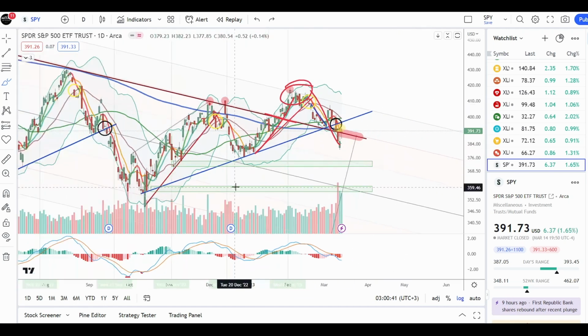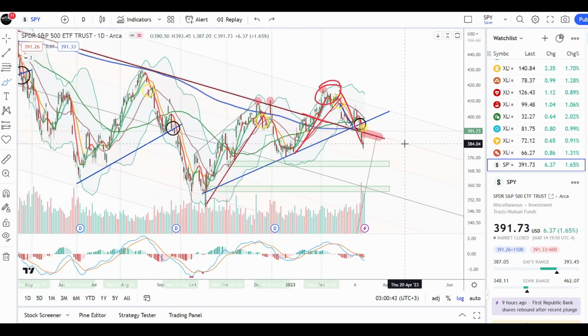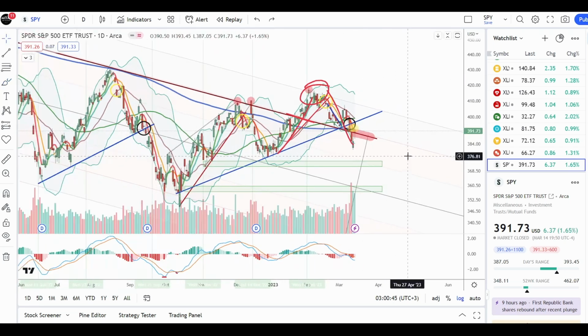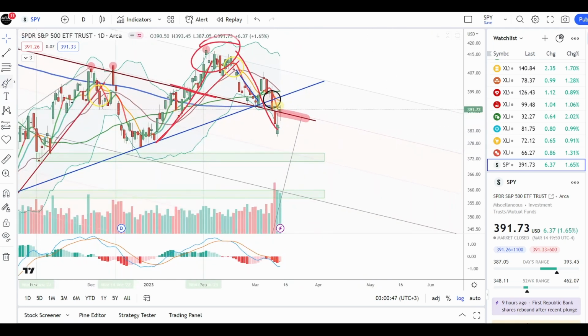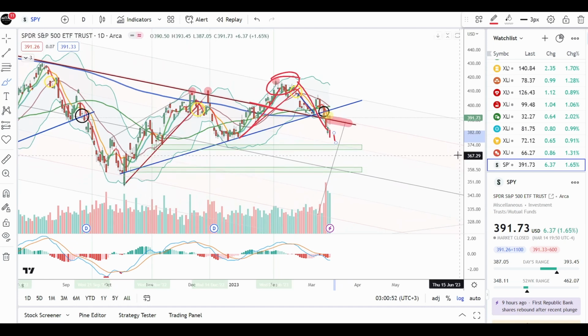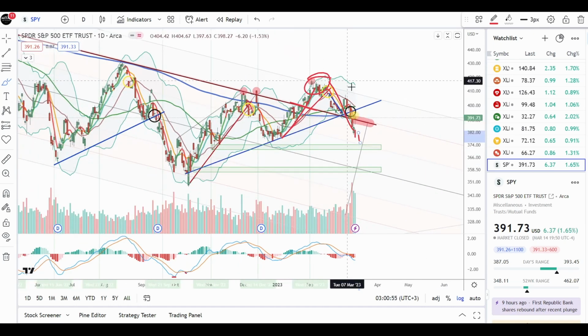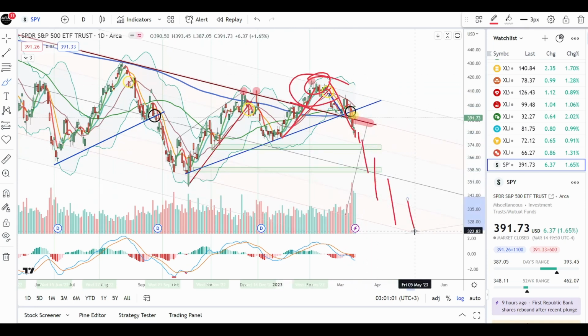Why does it matter? Well, because false break tops, guys, are exceptionally bearish. And the longer the market trades below these critical levels, the more market participants realize that this is indeed a false break top, the more obvious this false break becomes, and the more negative the narrative becomes, right?